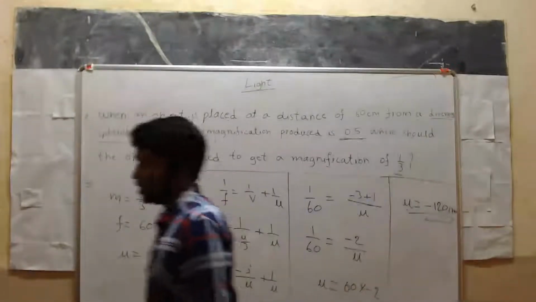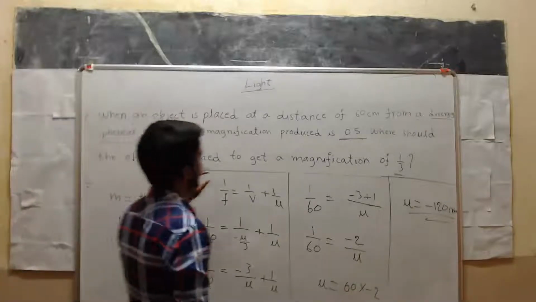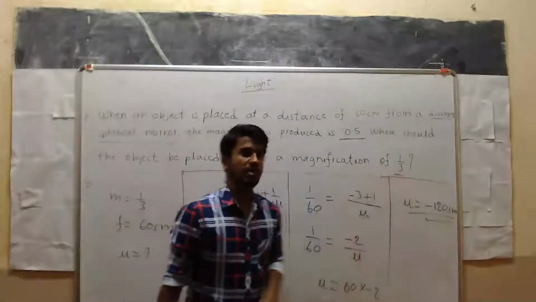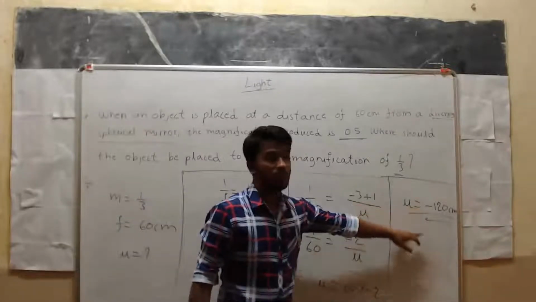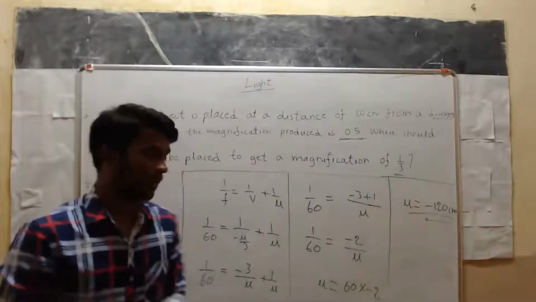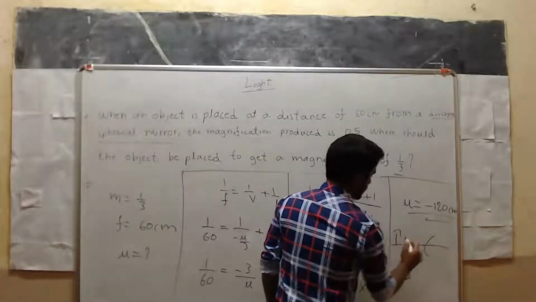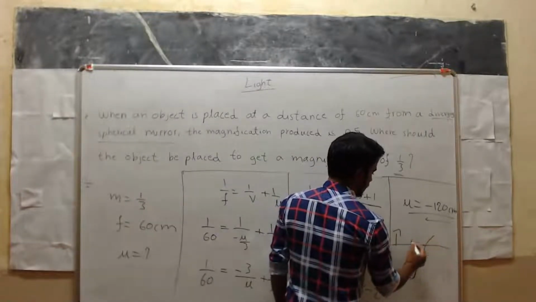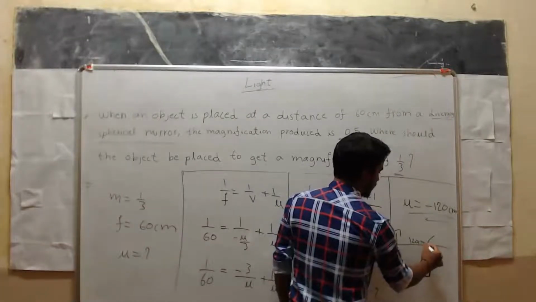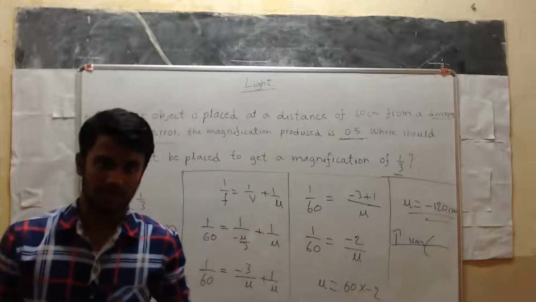See here, if you want to get magnification 1 by 3, then you should keep that object at a distance 120 centimeter from the mirror. Here, if this is a mirror, that is a convex mirror, the distance between object and the mirror should be 120 centimeter. Then you will get the magnification 1 by 3.